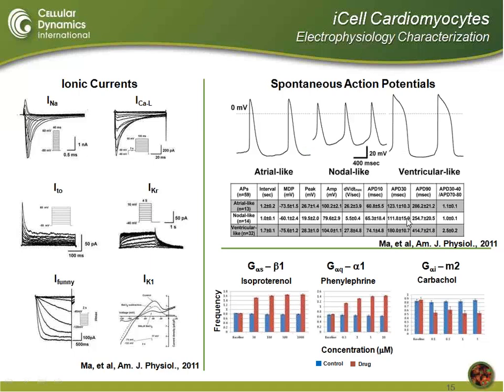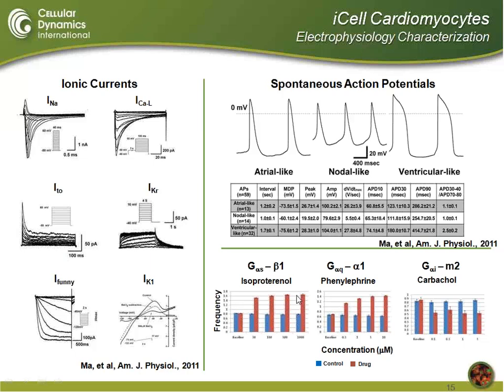This work is all published in Ma et al., and you can actually see the protein expression in another publication by Li et al., which correlates very nicely, showing again roughly half the cells as ventricular-like. For the electrophysiological characterization, the way we determined ventricular-like was by primarily looking at the ratio of the APD 30 to 40 and 70 to 80, just to characterize whether or not there was a plateau in the cells.